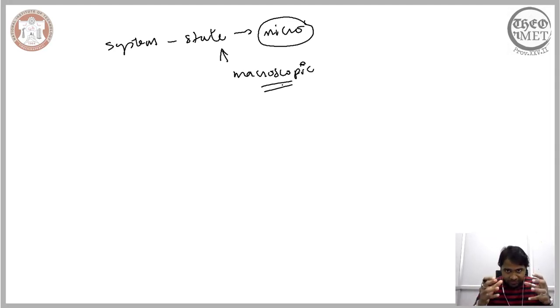So when you fix certain variables, the condition of the system is fixed, even the microscopic state is fixed. So we can use those variables to describe the state of the system, and those variables are called thermodynamic variables.